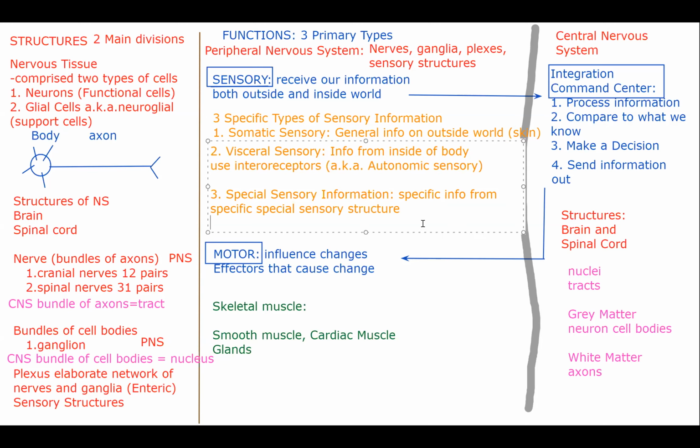Hearing is a great example, right? You cannot hear with your feet or your elbows or your knees or the tip of your tongue. You have special sensory structures inside your eye, inside your ear, that allow you to perceive this information, all right?